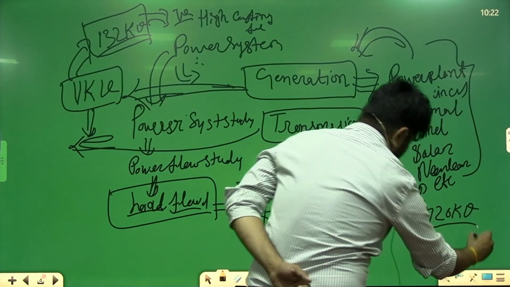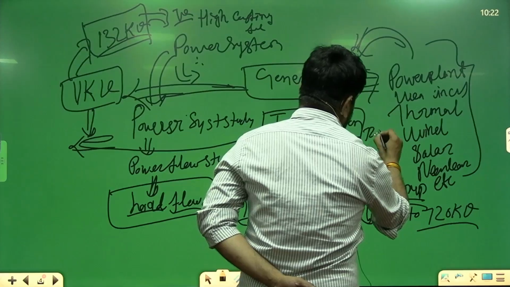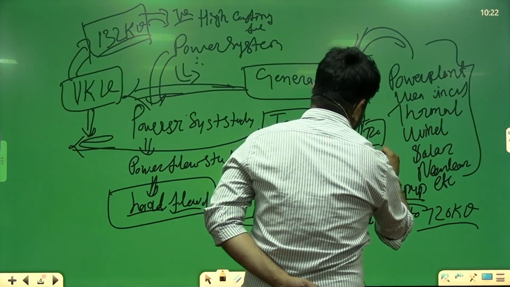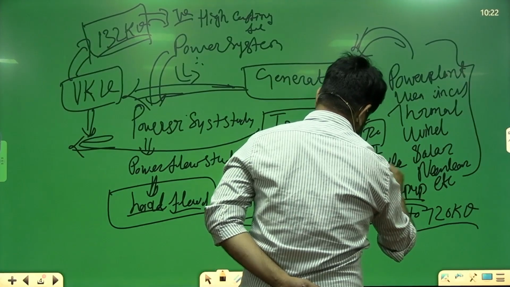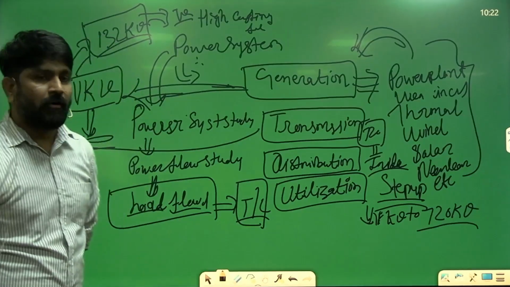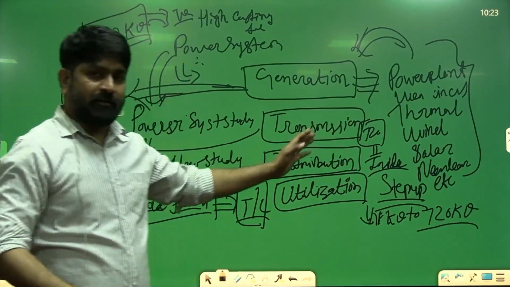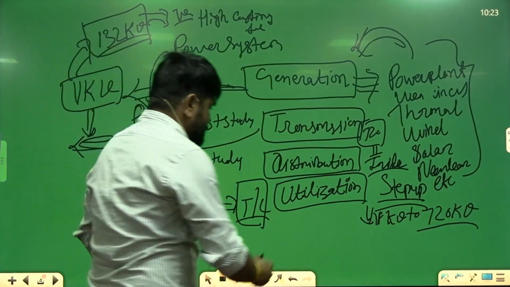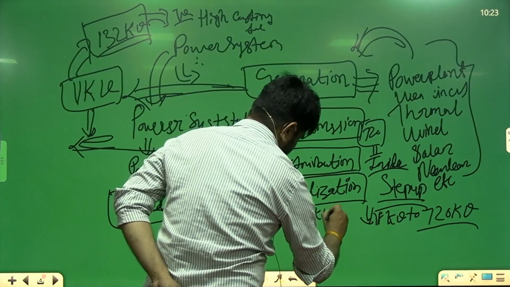But 720 kV isn't possible in our India. This is used only in the US, Russia, China, and such countries. We only use 420 kV voltage.